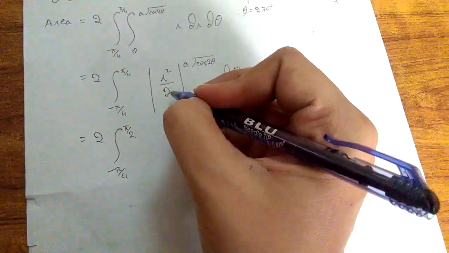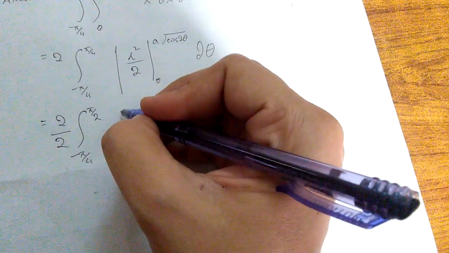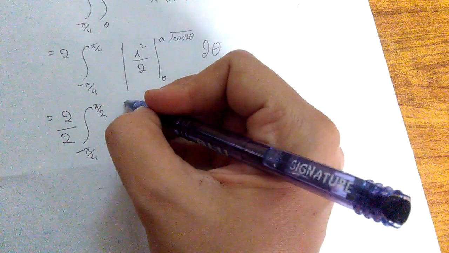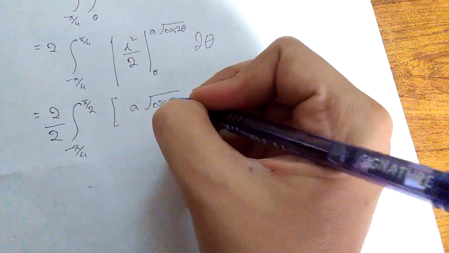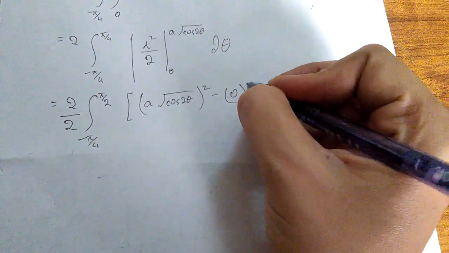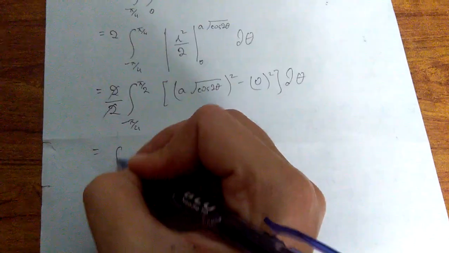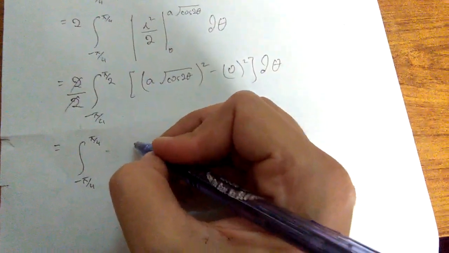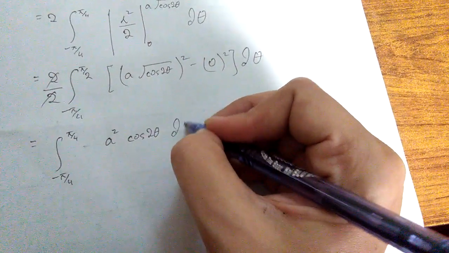This 2 will go outside, and then just r square is left. Applying the limits, it will be a under root cos 2 theta, squared, minus 0 square, d theta. This 2 and this 2 get cancelled. So the integral from negative pi by 4 to pi by 4 gives you a square cos 2 theta d theta.